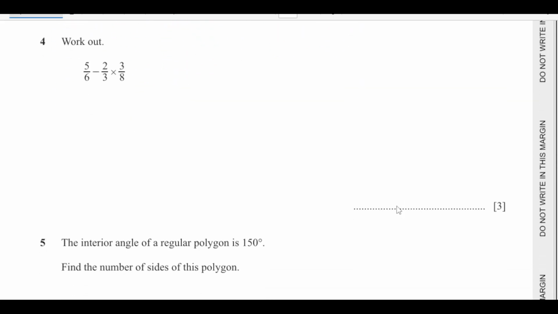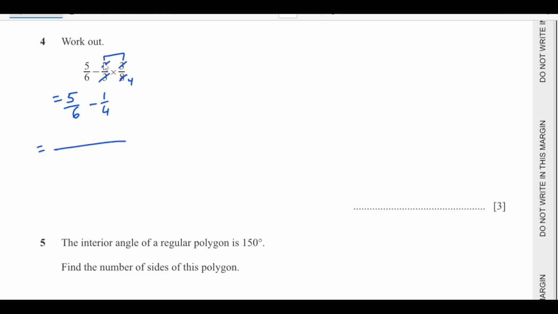Number 4, workout. Here we have a negative sign, here we have a multiplication sign. We will use the BODMAS rule here. So, multiplication first. So, 5 over 6, then when you simplify this, this gets cancelled, 2 times 4 is 8. So, minus 1 over 4, right.